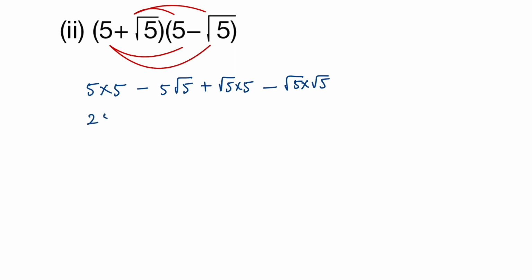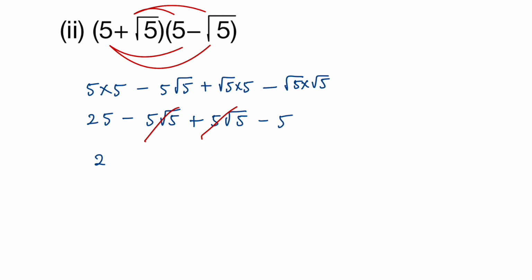Now it's 25 minus 5 root 5 plus 5 root 5 minus 5, because root 5 multiplied by root 5 is actually 5. We have a plus 5 root 5 and minus 5 root 5, so these two things get cancelled, and that gives you 0.